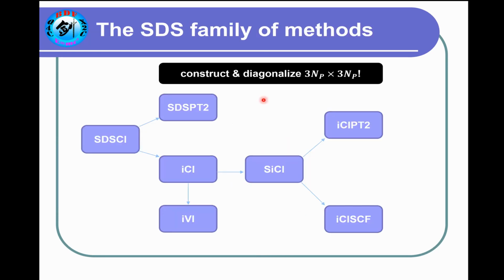So let me summarize what we have been doing, which is the whole SGS family of methods. SGS by construction means that we construct and diagonalize a 3NP by 3NP matrix, where NP is the number of states you want. The generic algorithm is SGS-PT2: before the diagonalization is made, we build an approximation to the QHQ interaction, then we get SGS-PT2.